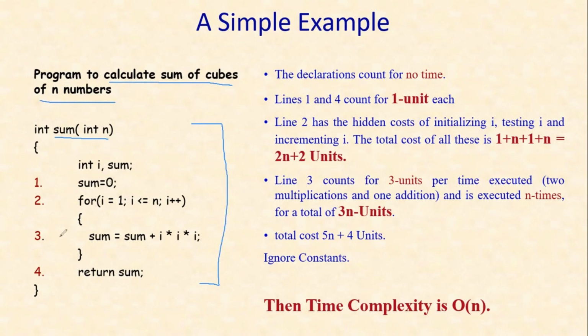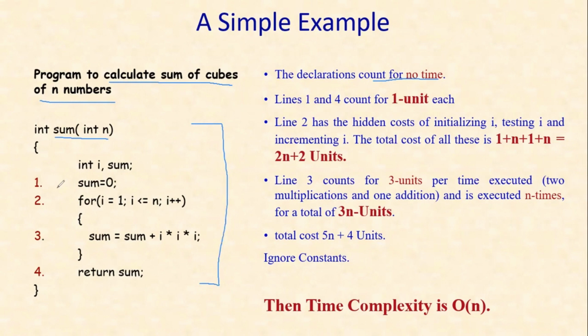Now these are the steps. There are 4 steps to realize this, excluding the declaration part, because declarations count for no time in the execution. That is why we have omitted them. Now what is the first instruction? Assume some unit time, which may be microseconds, seconds, minutes, whatever it may be.